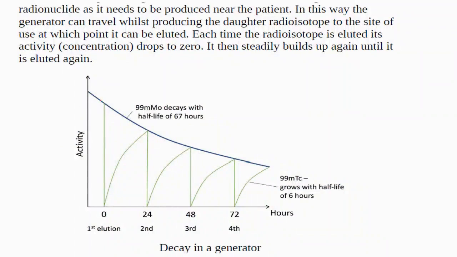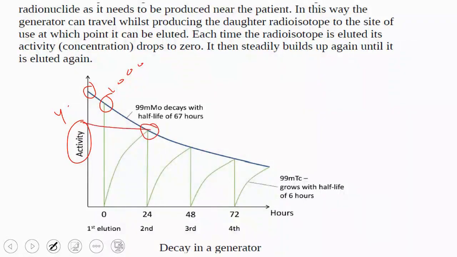For example, on the first day, the generator produced a milking with high activity, let's say 1000 millicuries. On the second day, the activity decreased. On the third day, it continued to decrease, and on the fourth day, it decreased further, and so on until the end of the week. Why?